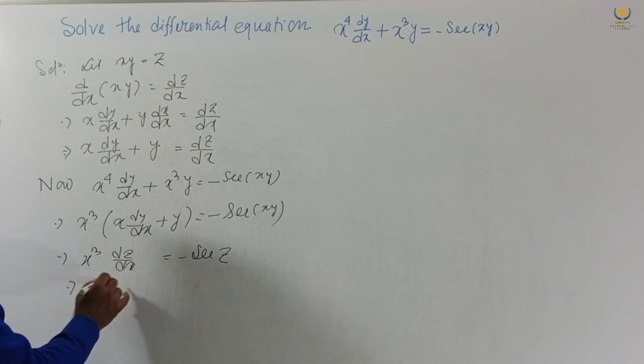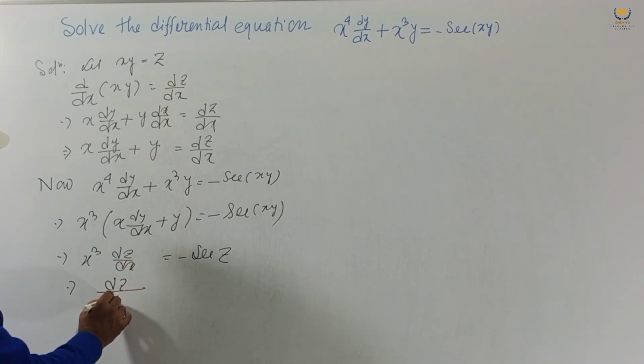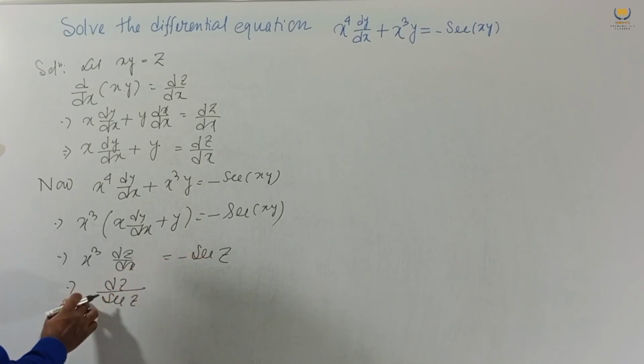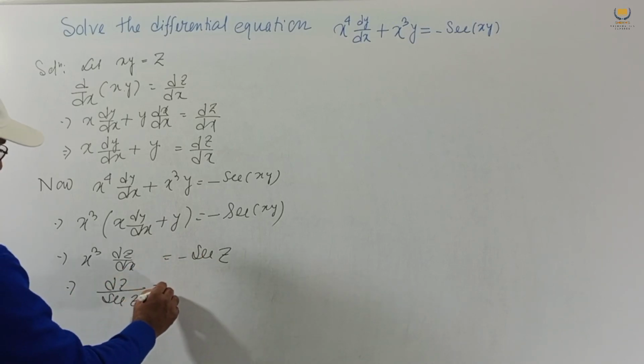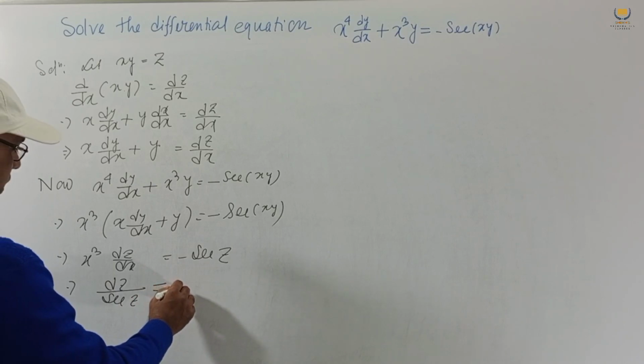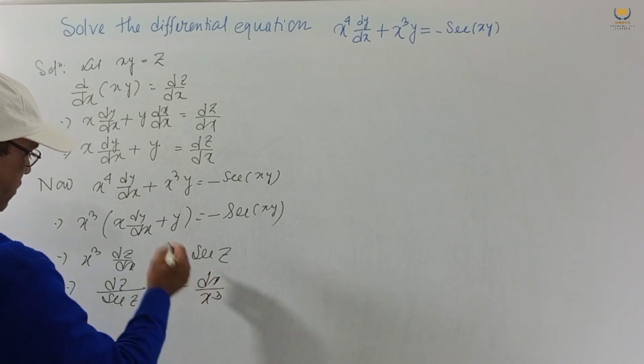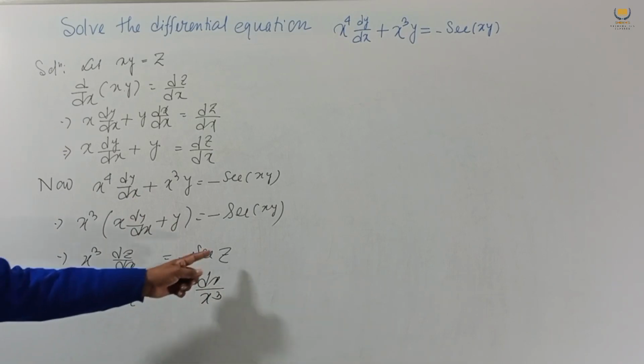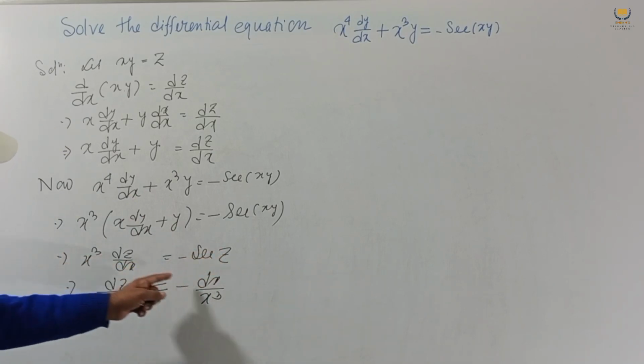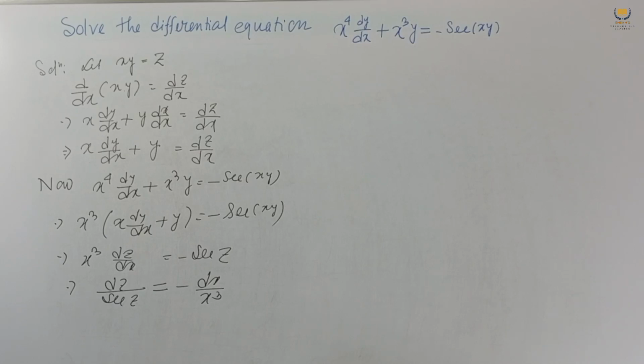Now dividing this side by sec z, we get dz by sec z equal to minus dx by x cube. Just separate this: sec z we divide on this side, and dx is here, we get this.